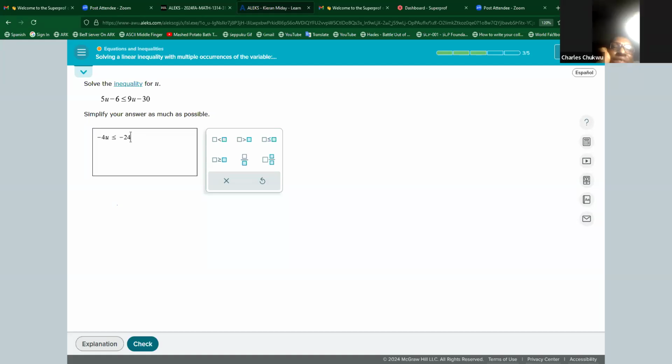And then this becomes negative 6, and now, careful, you divided minus 24 by minus 4. So it's just going to be a regular positive 6. Thank you. And don't forget to swap the sign. Yes. Perfect. Awesome.